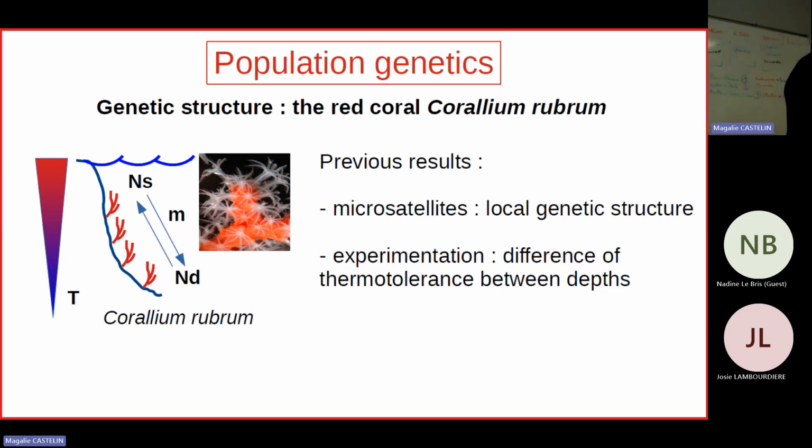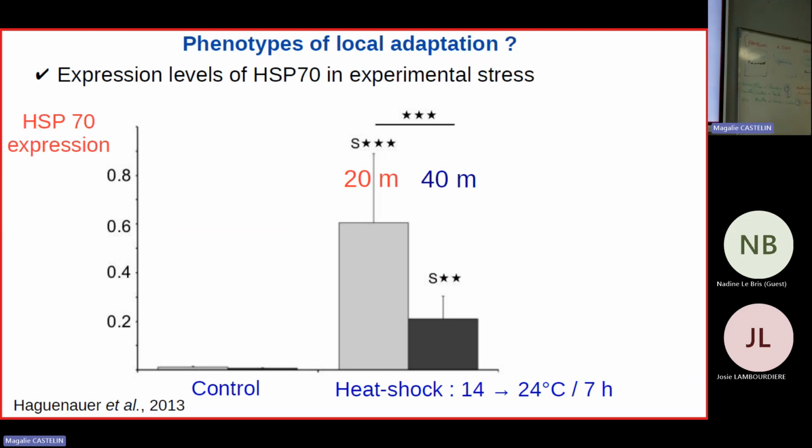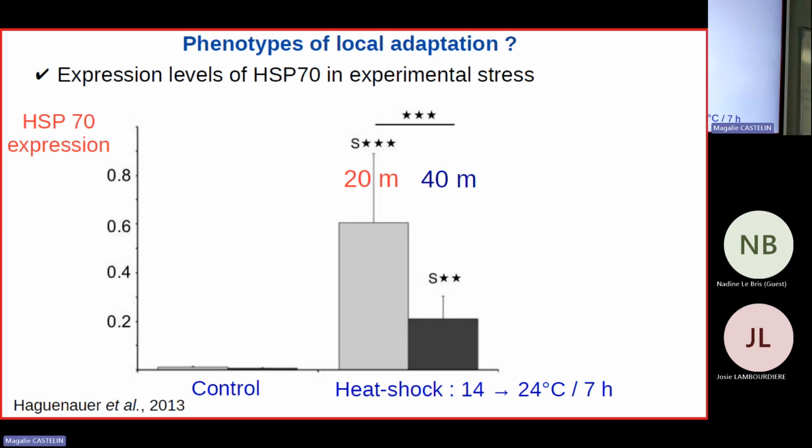Another very important thing is that some experiments have shown that there are some differences of thermotolerance between depths. Just one example of what we did: we took some red coral from 20 and 40 meters near Marseille into aquarium. There was a control and a short heat shock, quite strong, but with no mortality, 14 to 24 degrees. One way to study the tolerance was to analyze the expression of the HSP gene.